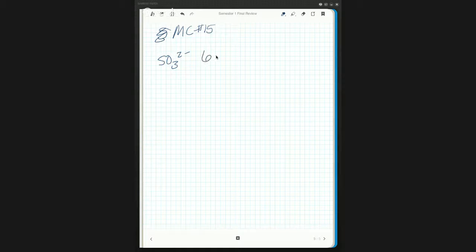Sulfur has a 6, plus there are 3 oxygens, so that's 3 times 6. And then we have the charge of the ion, so we are getting 2 electrons out of that. So we are basically coming down to 6 plus 18 plus 2. So 18 plus 2 is 20, 20 plus 6 is 26.